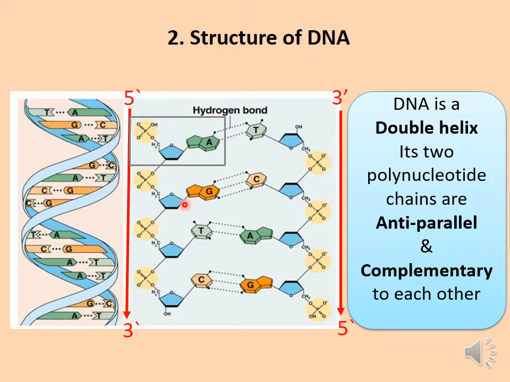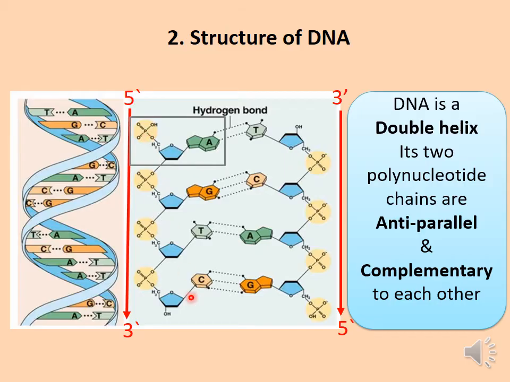When you look at these polynucleotide chains, you can see that they are polymers of deoxyribonucleotides. Each of these deoxyribonucleotides is made up of three components. One is the nitrogenous base, the other one is the deoxyribose sugar, and the third component is a phosphate group.